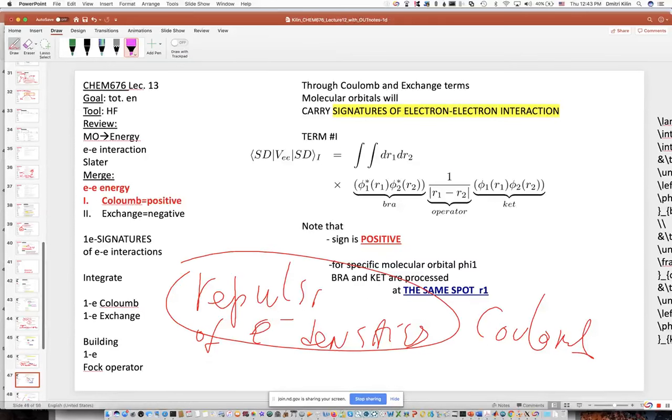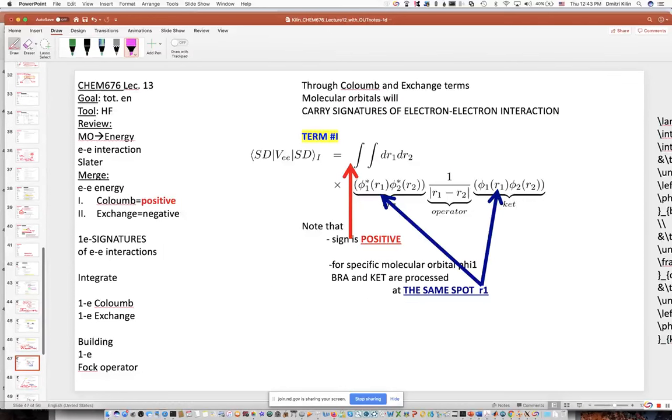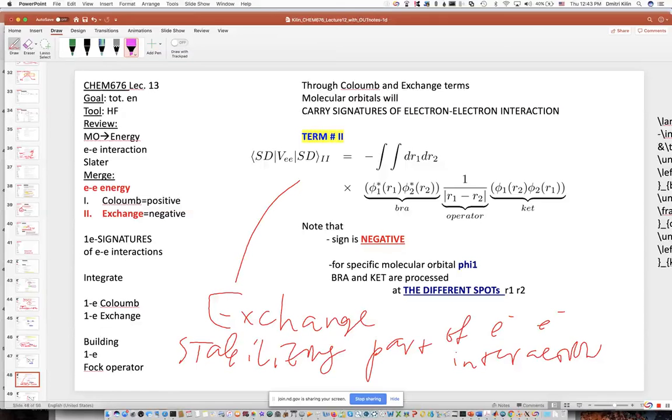If I go to term number 2, we have on the left the first electron in the first place, and on the right the first electron is already in the second place, and the second electron is here, moved to another orbital.